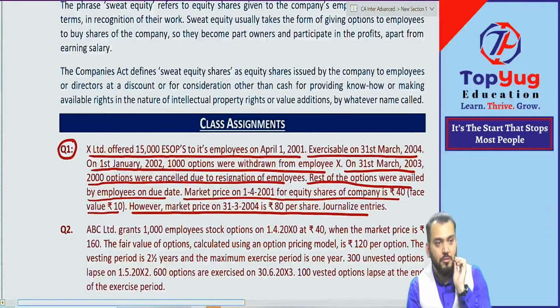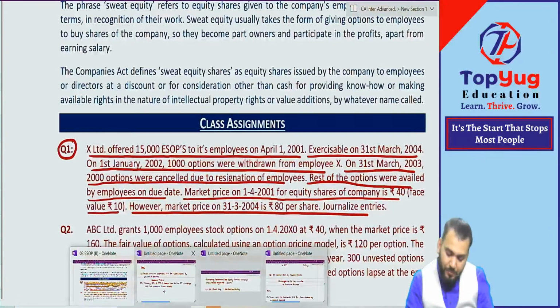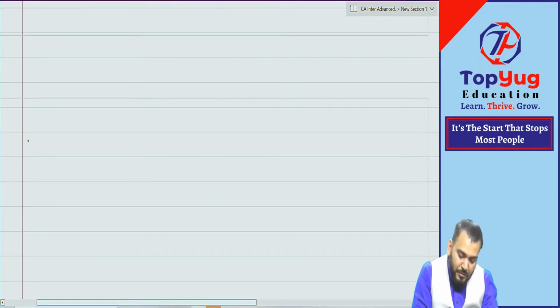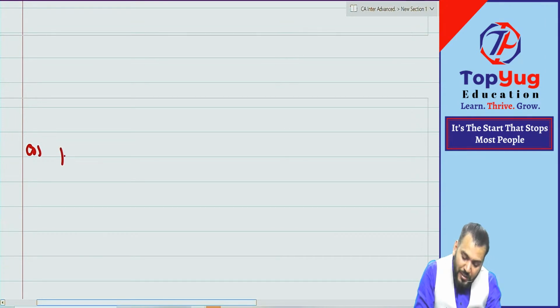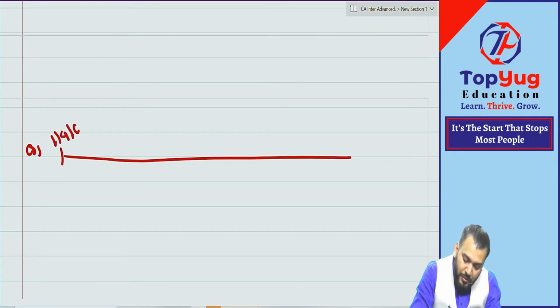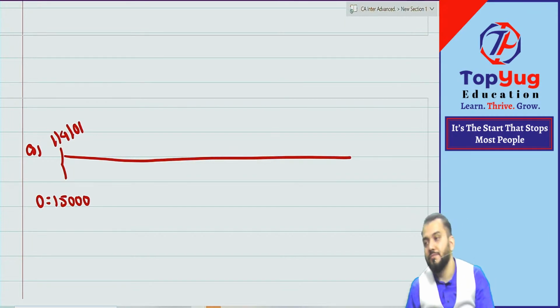Have you understood the question? Let us understand. You will help me. We are doing question number 1. What is the grant date? 1/4/2001. How many options granted? Whatever I am writing, you should also write down. Whenever a question is given date wise, better you draw a timeline.